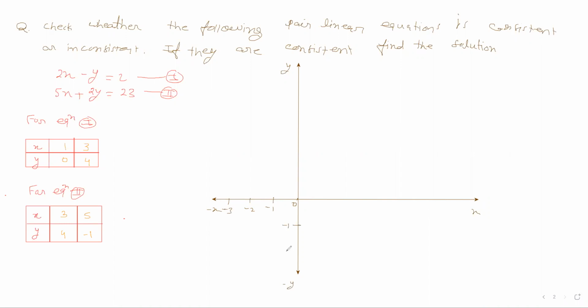Similarly, minus 1, minus 2, minus 3 on the other axis. 1, 2, 3, 4, 5, 6, and 1, 2, 3, 4, 5, 6.